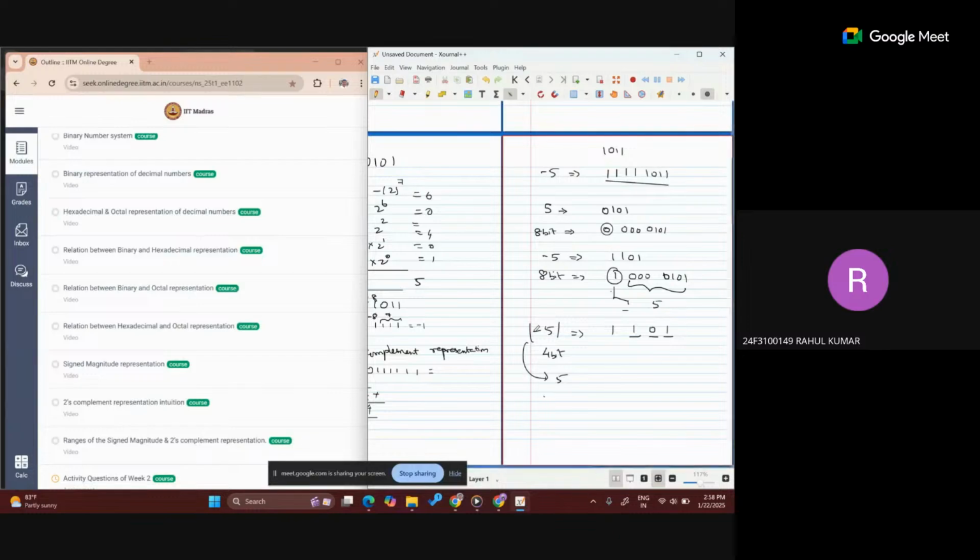Same number in 8-bit: the magnitude is 101, and the remaining bits are zeros. After that, the 8th bit is also 1 to represent this negative number. There are no other numbers. So the total number equals the magnitude of minus 5, which is 5, with 0 0 0 in between.